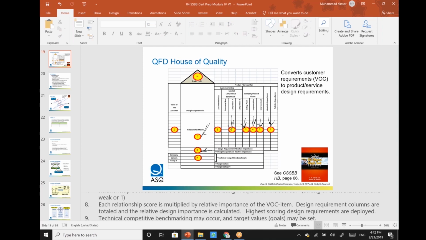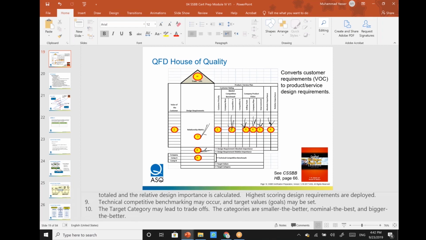Design requirements columns are totaled and the relative design importance is calculated. Number 9, technical competitive benchmarking may occur and target values or goals may be set. And lastly, number 10, the target category may lead to trade-offs. The categories are smaller the better, nominal the best, and bigger the better.